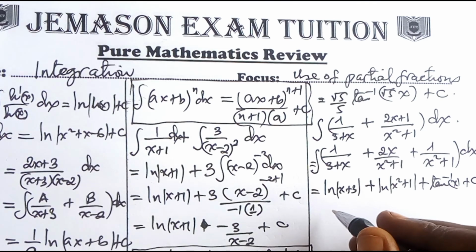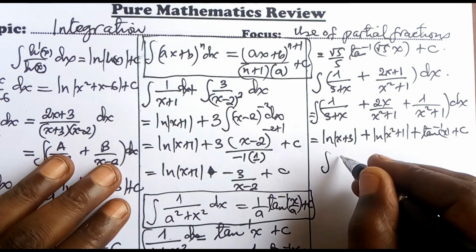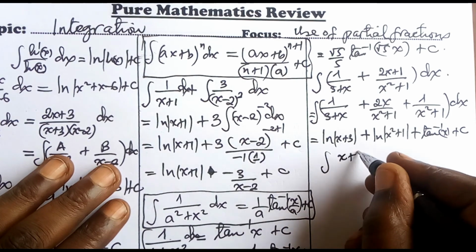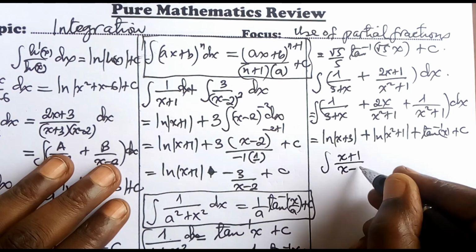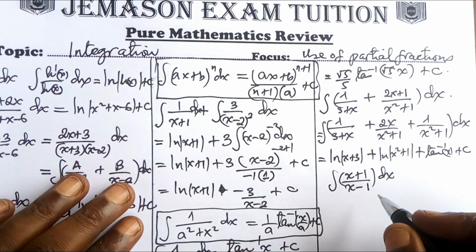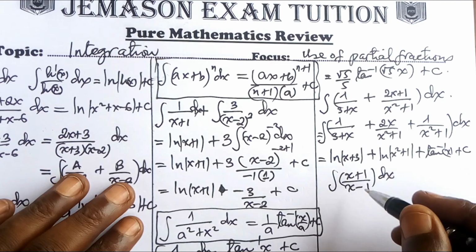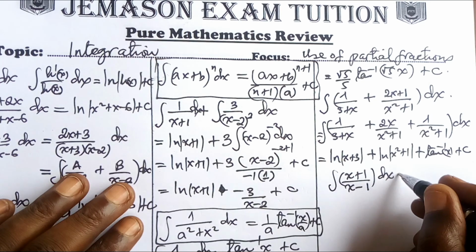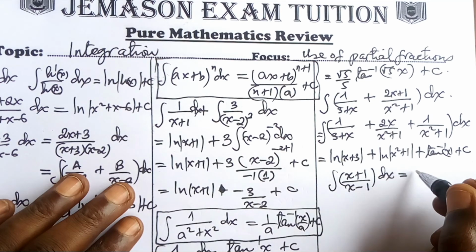The other cases involve where you have improper fractions. You could have this case, which is common, x plus 1 all over x minus 1 dx. And here we need to use long division, but there is a way of doing it without going through long division.